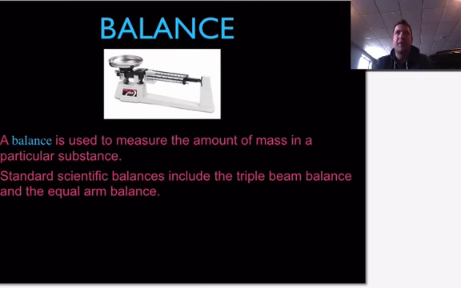Now, a tool for measuring mass is a balance, and you should be familiar with it. We've worked with it a little bit. A triple beam balance is going to have three beams, in these areas here, and they're going to be in different measurements.